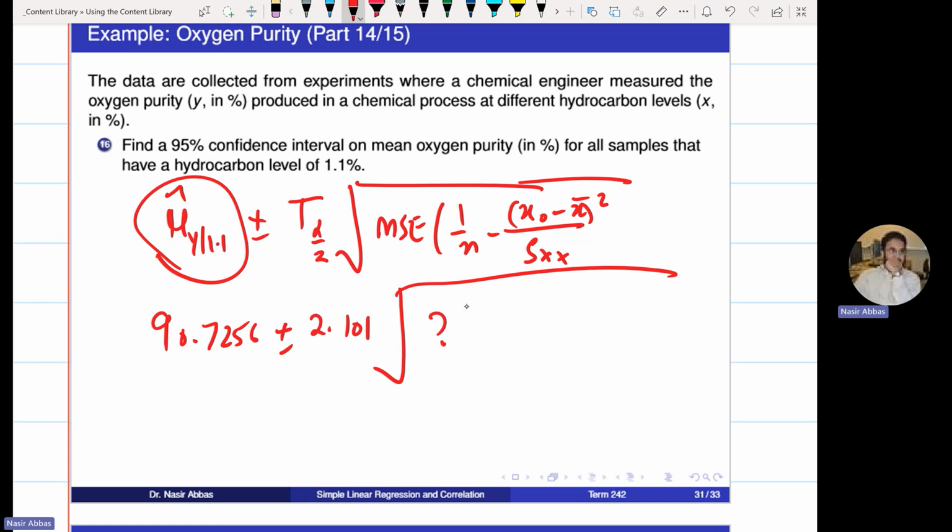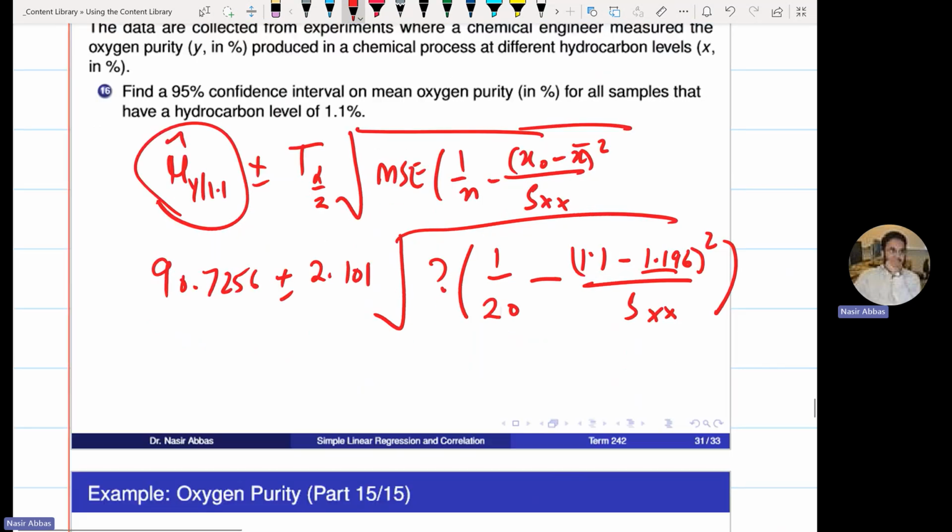MSE, we already found that. What is 1 over n? 20. Minus, what is x naught? Very important. What is x naught? The value of x at which you are doing the prediction. That is 1.1 minus the mean of x. I think it was 1.196, I'm not sure about this. Whole square over sxx. You already found. So solve it. Next question.